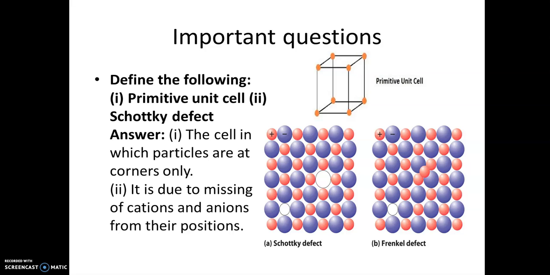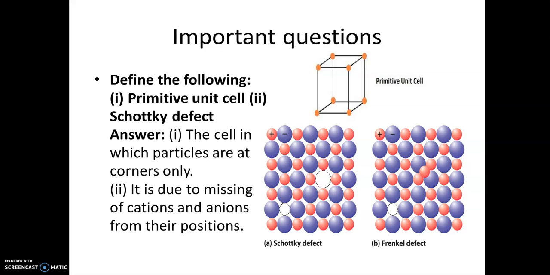So we'll move to our topic: important questions on the chapter. Almost the whole portion of this chapter is related.